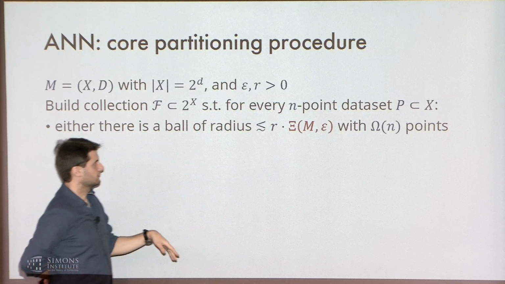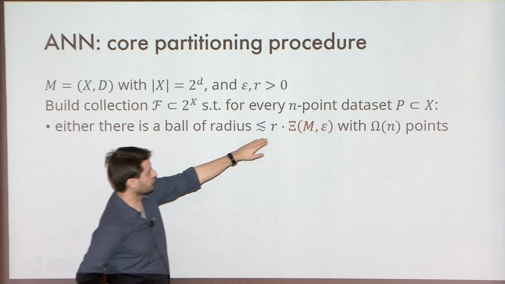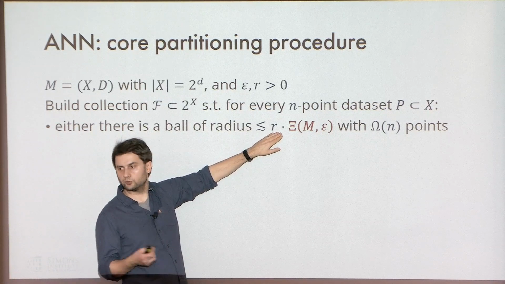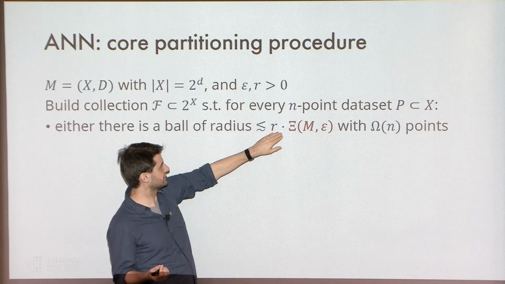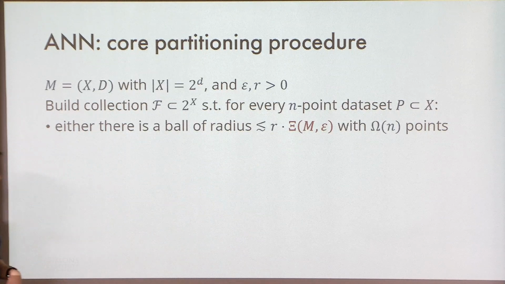So this means that within this ball, all the points are at distance roughly r times Xi, so kind of close to each other. Xi is small. Okay, so it looks something like this.